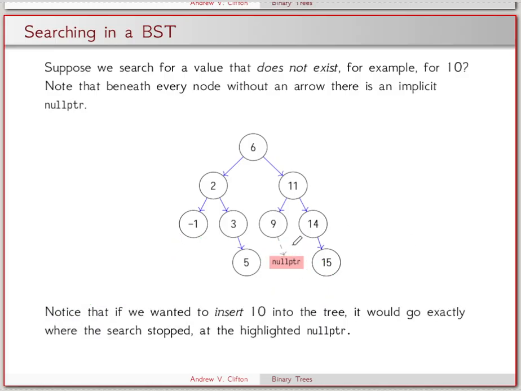The other thing to notice is, let's say we wanted to add 10 to this tree. Where should it go? It should go right here. It should go where the search left off. If I wanted to add a 10 node, that would be where it would need to go. So our insert algorithm is basically going to be the same as our algorithm for finding things, with some extra steps at the end.